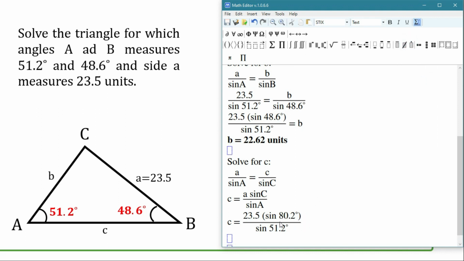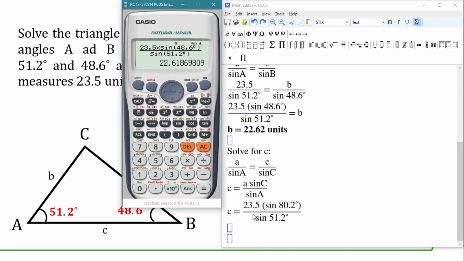Okay. And in dealing with this, we can actually input it to the calculator straight. So, we have 23.5 multiplied by the sine of 80.2 degrees over the sine of 51.2 degrees.